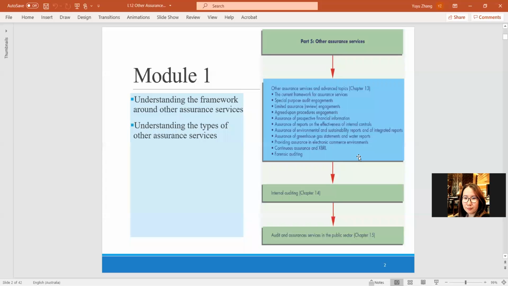But here, this week, our topic is about other assurance services, which actually means the assurance services other than the historical financial statement audit. So we are going to quickly go through those key areas in very brief words.